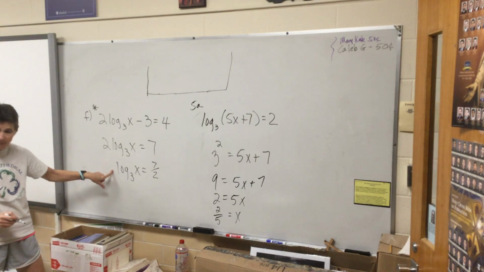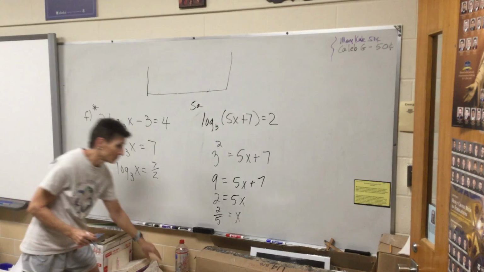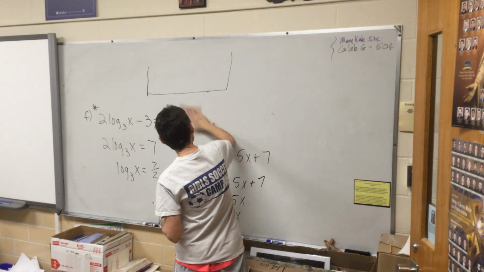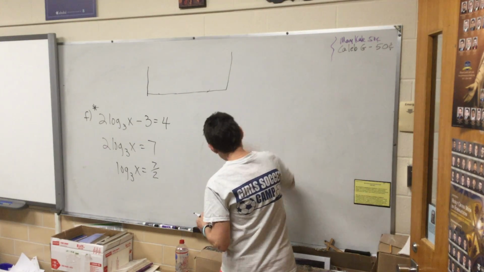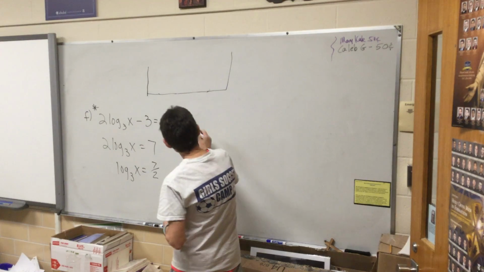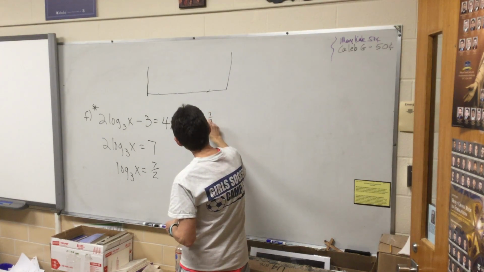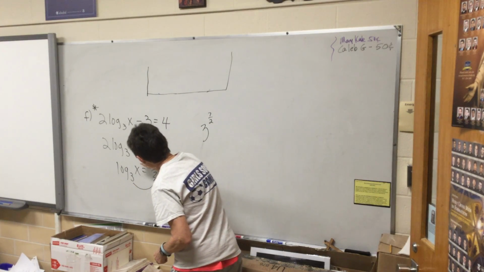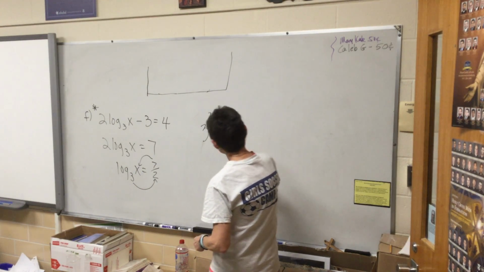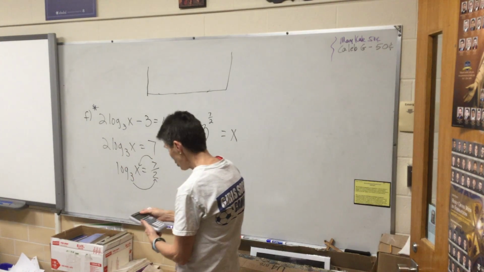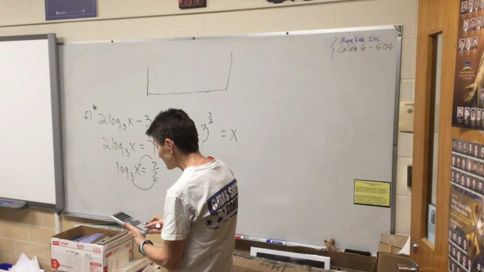Everybody okay to this step? Now, you have the logarithm by itself, so we're going to loop-de-loop it. So 3 to the 7/2 power equals x. Well, that's why I said you need a calculator. Nobody knows what 3 to the 7/2 is.